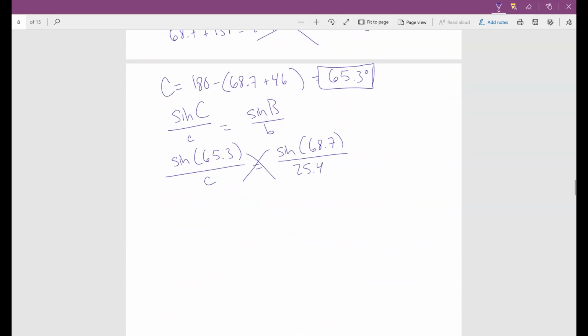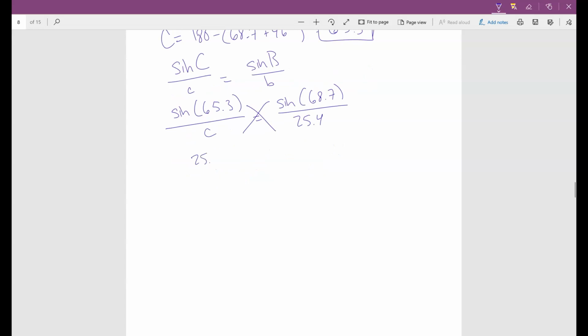So I'm going to cross multiply. This gives me 25.4 sine of 65.3 equals c sine of 68.7. Then I'm going to divide by sine of 68.7.